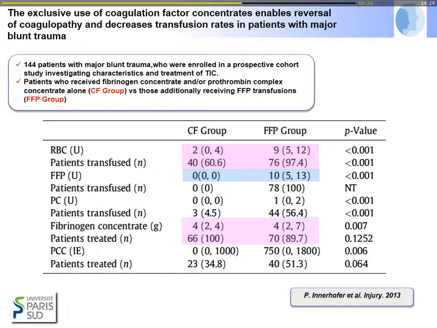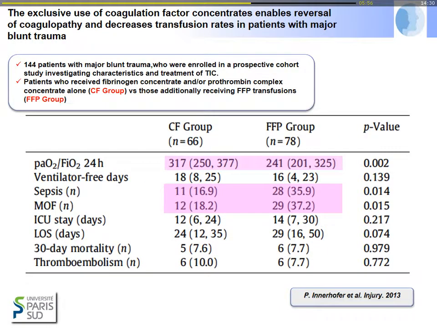They manage this by giving red blood cells and fibrinogen only, and once again guiding the hemostasis using thromboelastography. Even if this study has several limitations, it's interesting to consider this kind of strategy. You can see that by not giving FFP, they can have a positive effect on sepsis and on multiple organ failure.